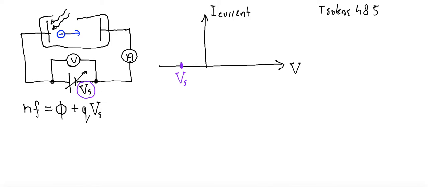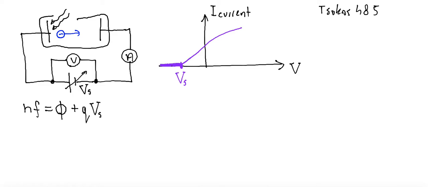Is it clear? But if this voltage is less, then of course the photocurrent in the circuit is bigger than the current created by this power supply, so the ammeter can read some current. So practically we have a voltage above which current starts to flow.